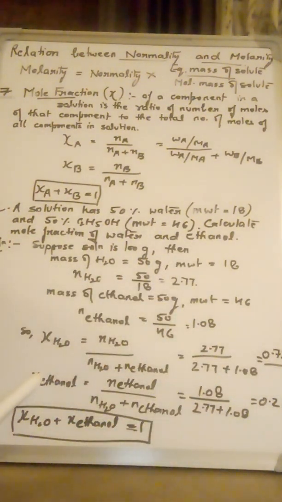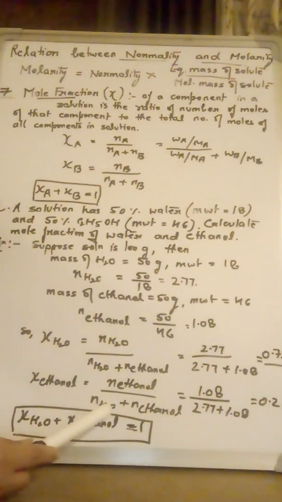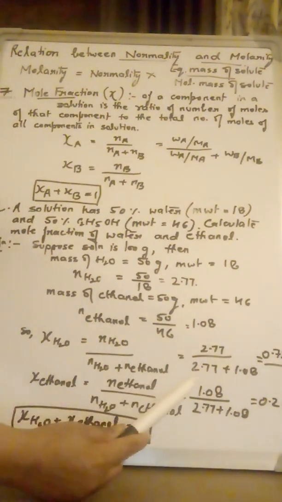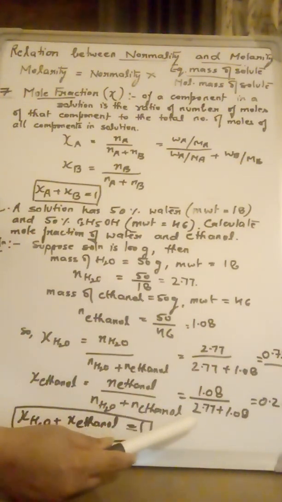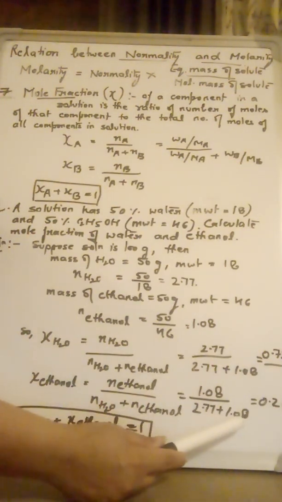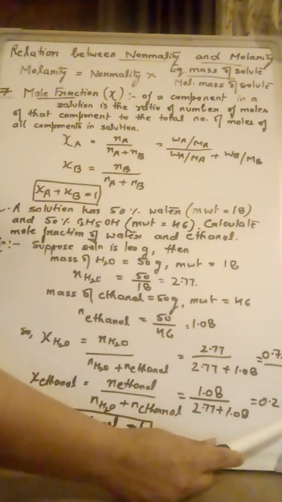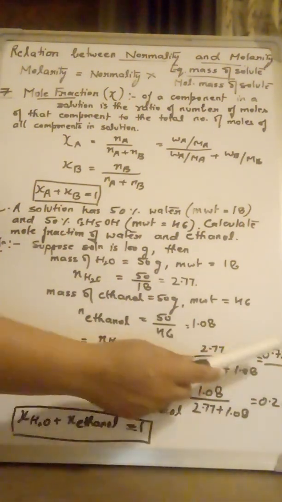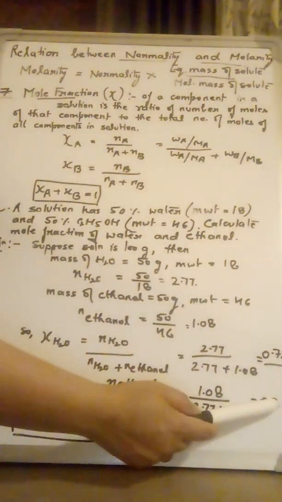And mole fraction of ethanol will be equal to number of moles of ethanol upon number of moles of water plus ethanol, that is total moles. So number of moles of ethanol is 1.08 upon total moles, 2.77 plus 1.08, and the value comes out to be 0.28, right? So mole fraction of water is 0.72 and mole fraction of ethanol is 0.28.